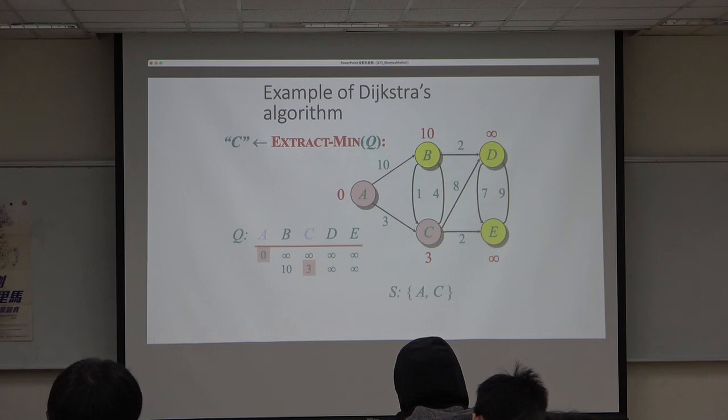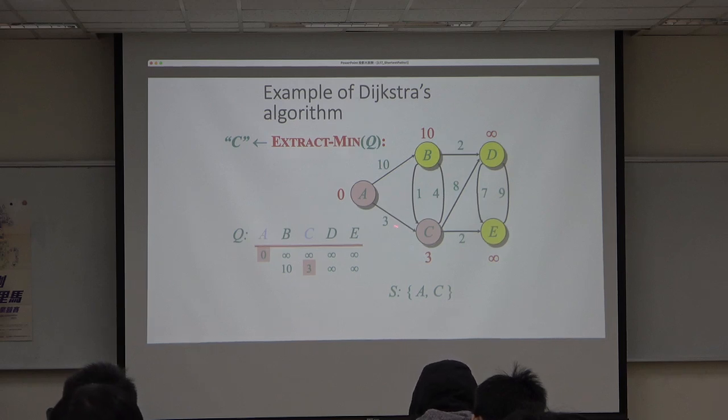I'm just asking you intuitively. Actually, at the time when C is chosen from the priority queue, it implicitly means that A is C's parent in the shortest path. This is already known.